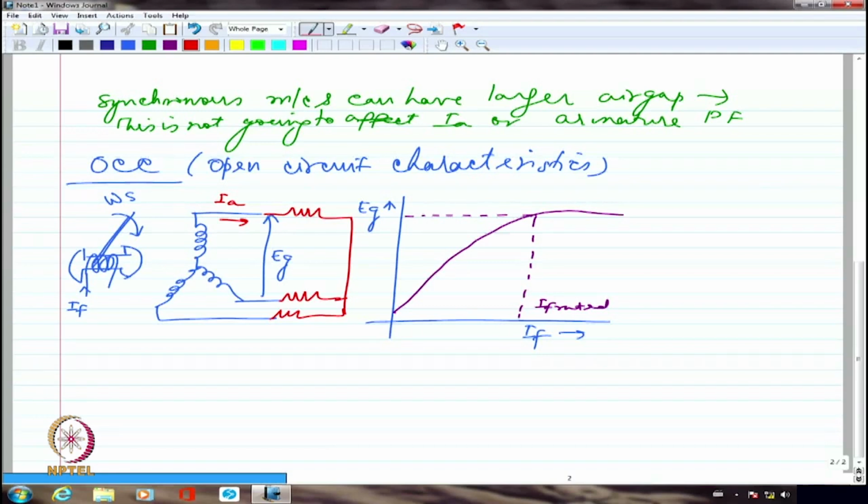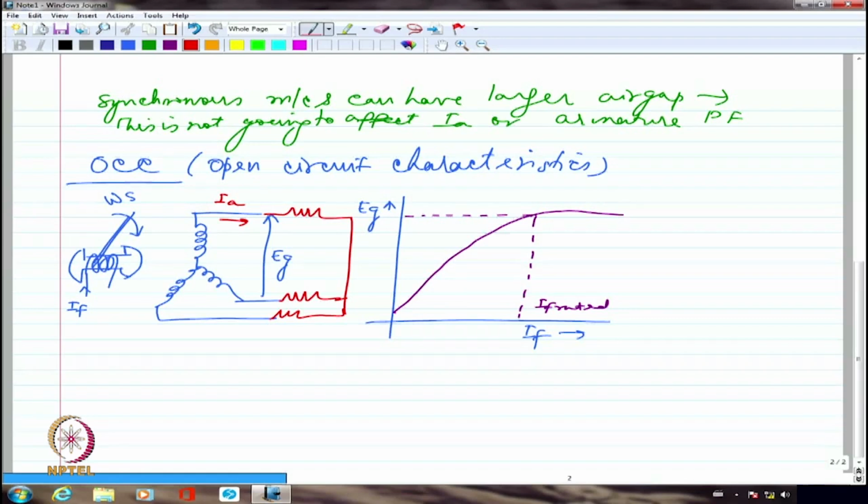Both these fields are rotating at synchronous speed, because of which both of them are inducing EMFs of the same frequency. The frequency will not be any different. The frequency will be different only if the two fields had been rotating at two different speeds. They are not rotating at two different speeds.